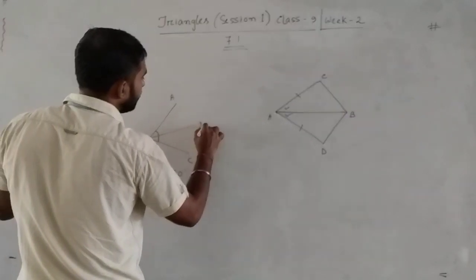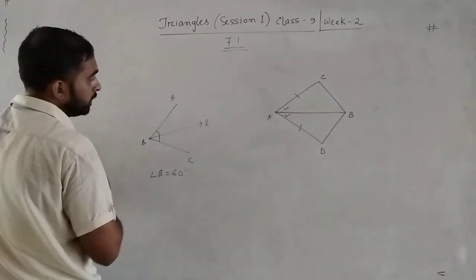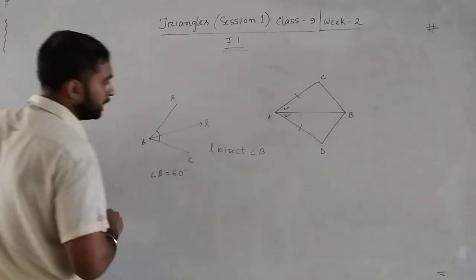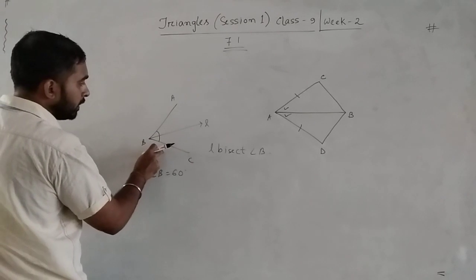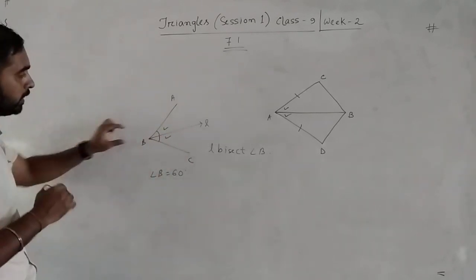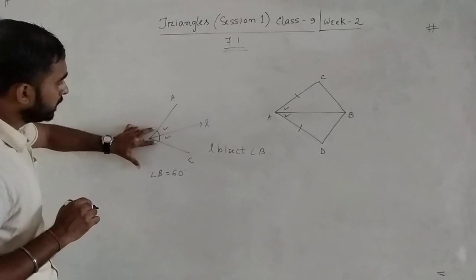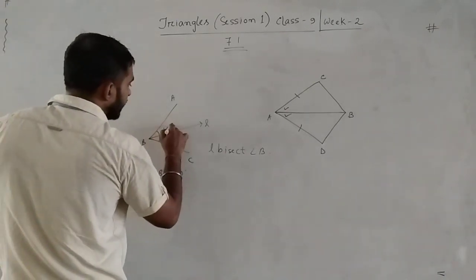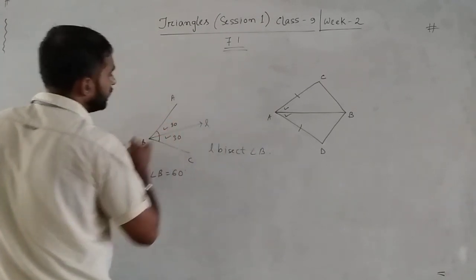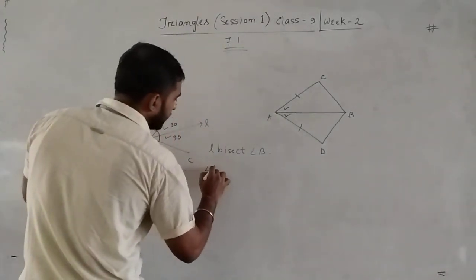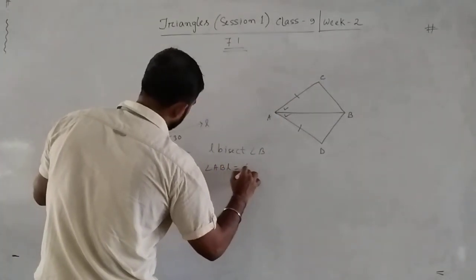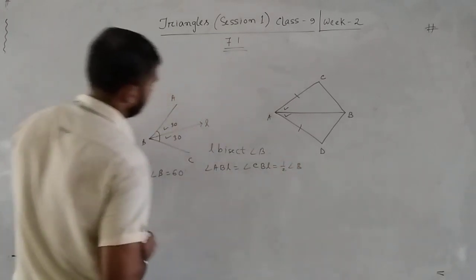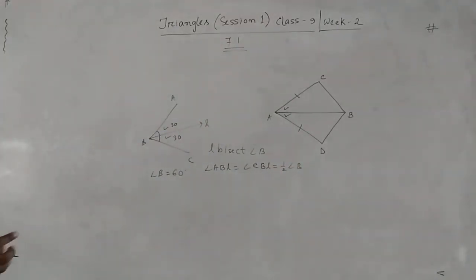Now L is a line which bisects angle B. That means these two angles are equal, and the whole angle is 60. So if L bisects angle B, then both angles will be half of the whole, that is 30 degrees. It means angle ABL equals angle CBL equals half of angle B. This is the meaning of bisector.